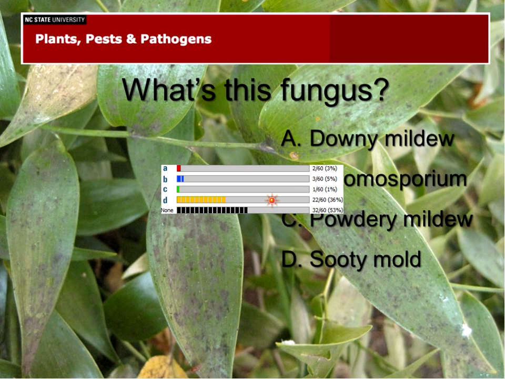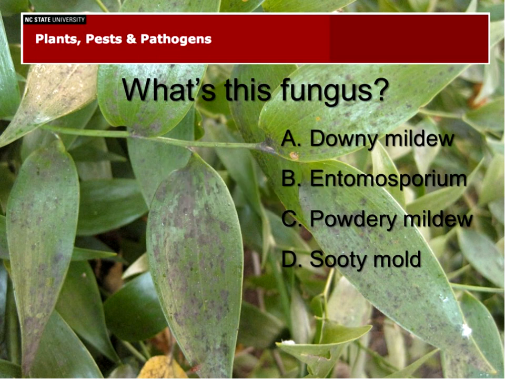This is sooty mold. As we have talked about in the past, I believe on this program, the way to get a sooty mold diagnosis, if you see this sort of patchy, sometimes covering an entire leaf or leaflet, fungal growth, dark in color, all you have to do is rub it with your thumb.